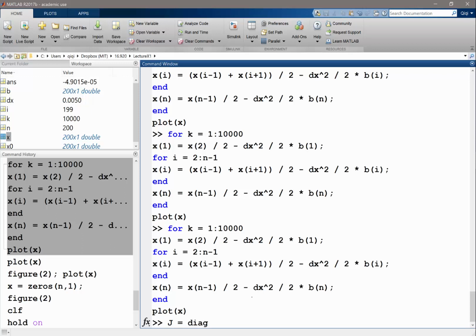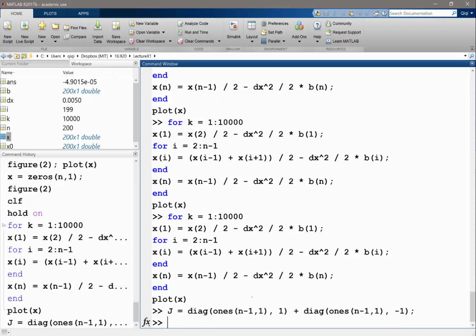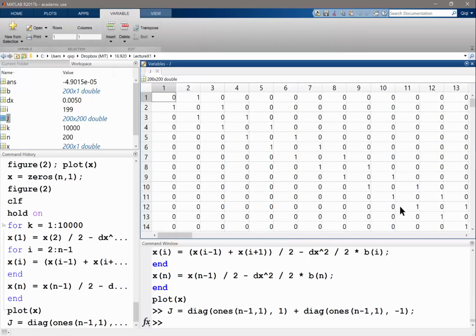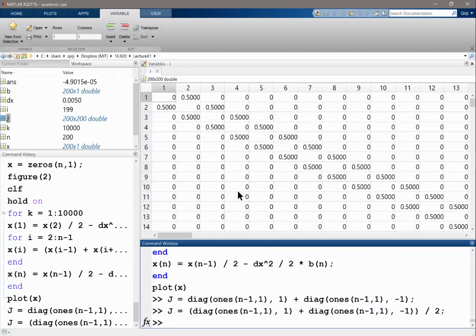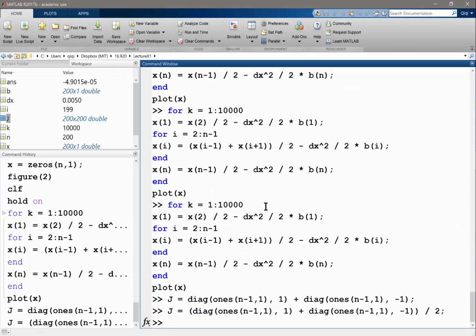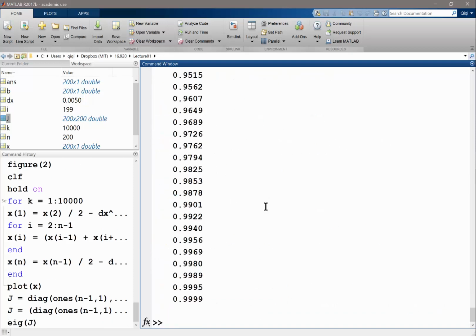Now if you want to compute the spectral radius, let's try that. So diag of 1's, n minus 1, 1, 1, plus minus 1, right? That's my Jacobi iteration matrix. Oh no, I need to divide it by 2. Yeah, this is my Jacobi iteration matrix, and I can compute eig of J, right?